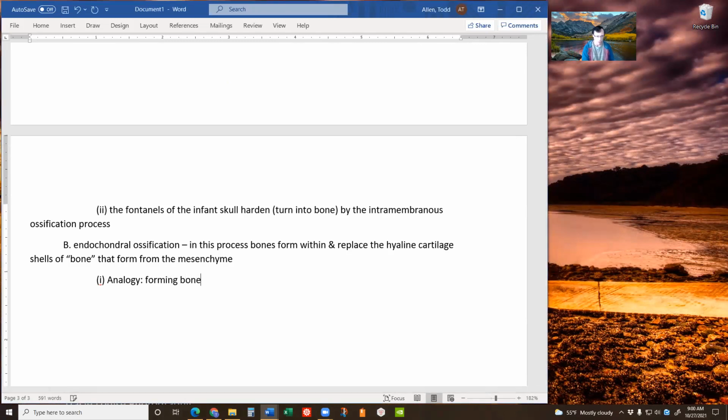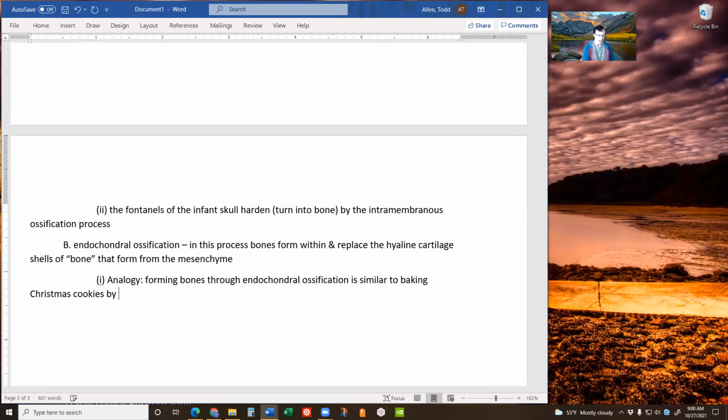Okay, so forming bones through endochondral ossification is similar to baking Christmas cookies, or any cookie, right? It could be a Halloween cookie of a pumpkin.